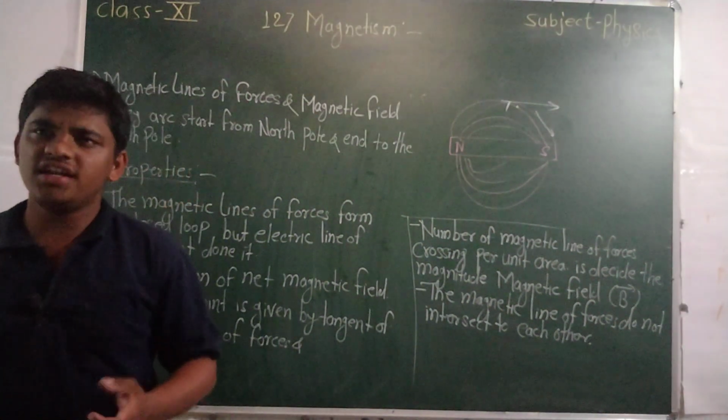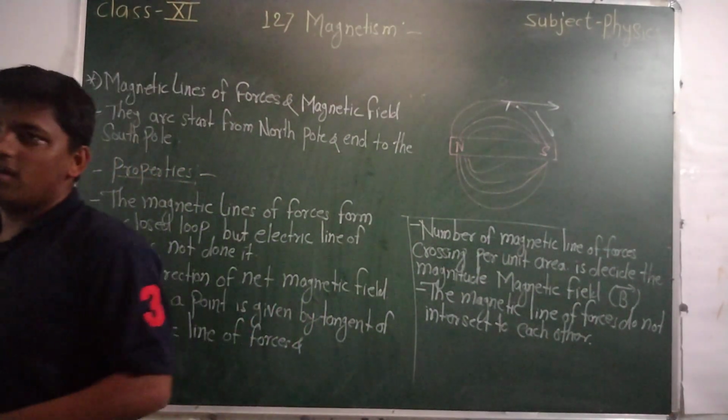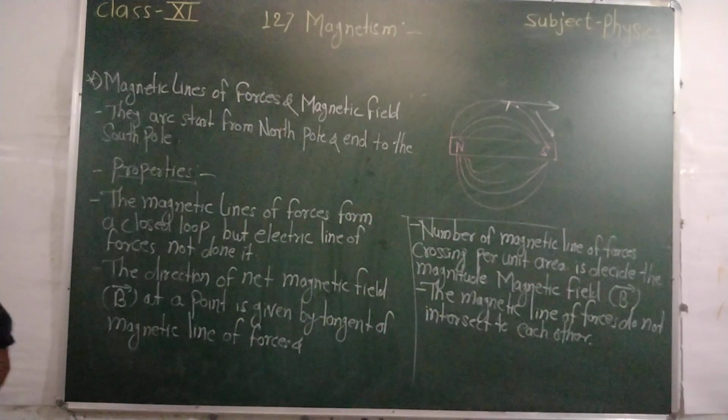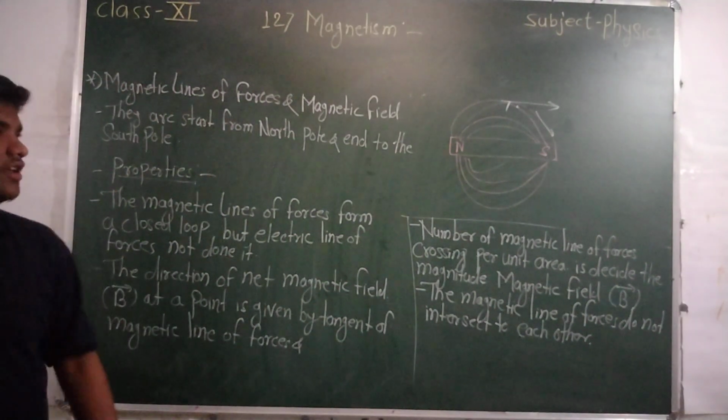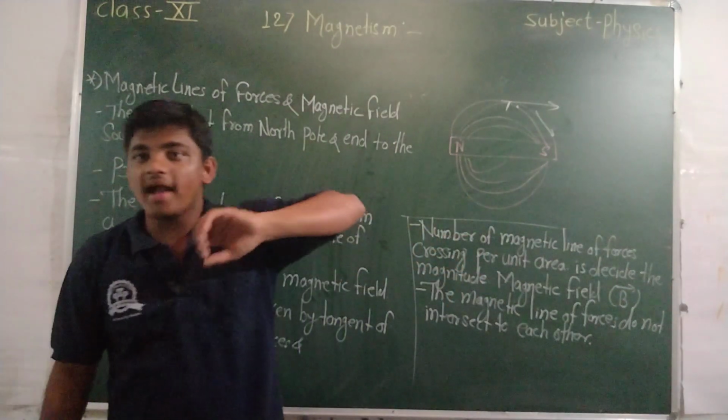Then the density of the lines of force gives the magnetic field. Density of the lines of force gives the magnetic field.